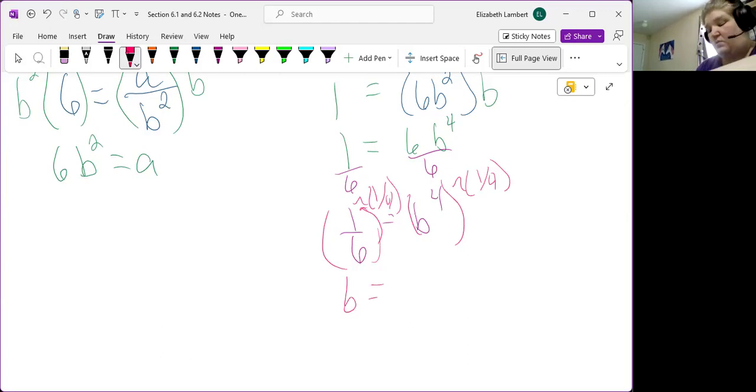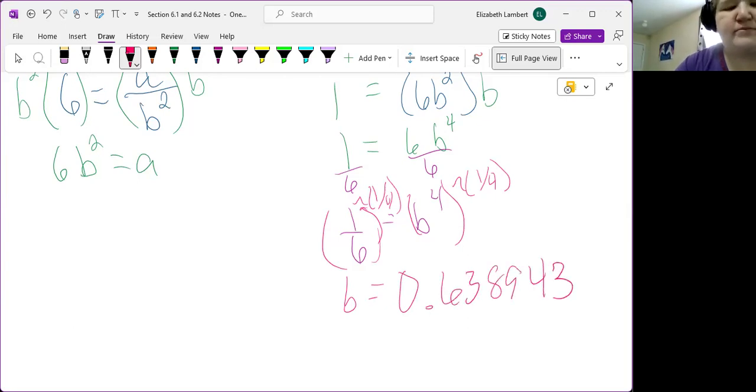So our b value is then open 1 divided by 6, close, raised to the open 1/4, close. All right, so our b value is 0.6388943, blah, blah, blah.